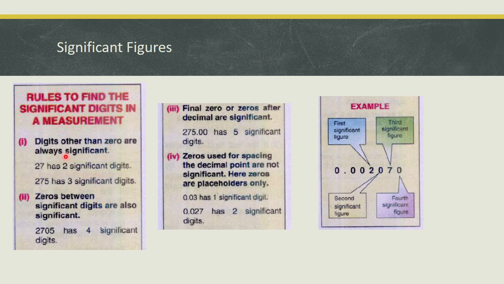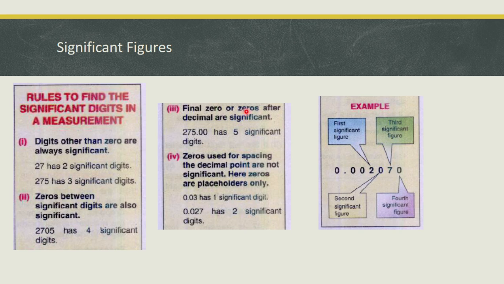Now digits other than 0 are significant, like 27 has two significant figures and 275 has three significant figures. Zeros between significant digits are also significant, like 2705. This 0 is in between two significant figures, so it has 4 significant figures.